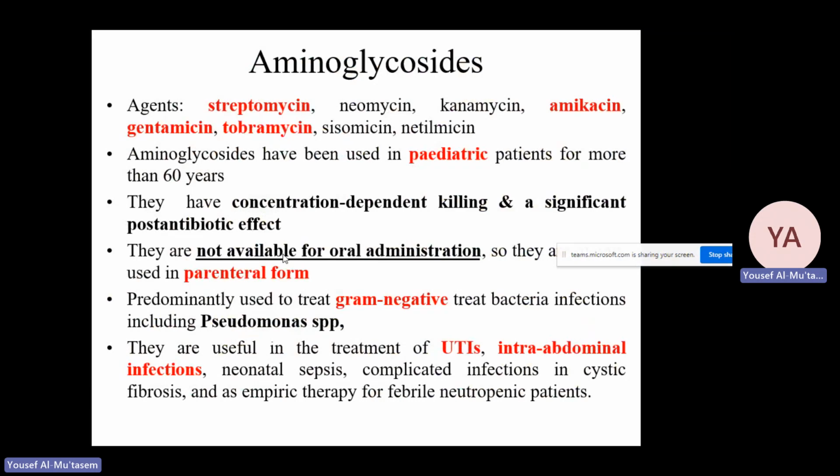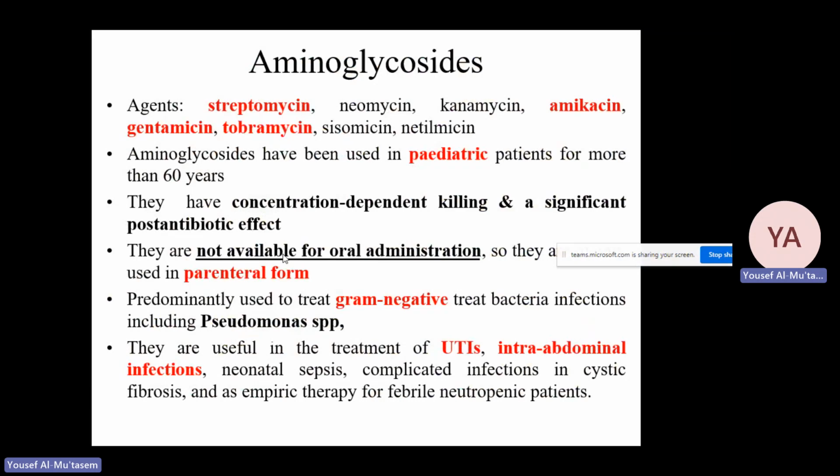What is the spectrum of activity of aminoglycosides? They cover gram positive and gram negative, but usually we use them for gram negative infections, like in the case of Pseudomonas aeruginosa. But we usually are reluctant to use them for gram positive activity, because we are afraid of the rapid emergence of resistance among gram positive bacteria.